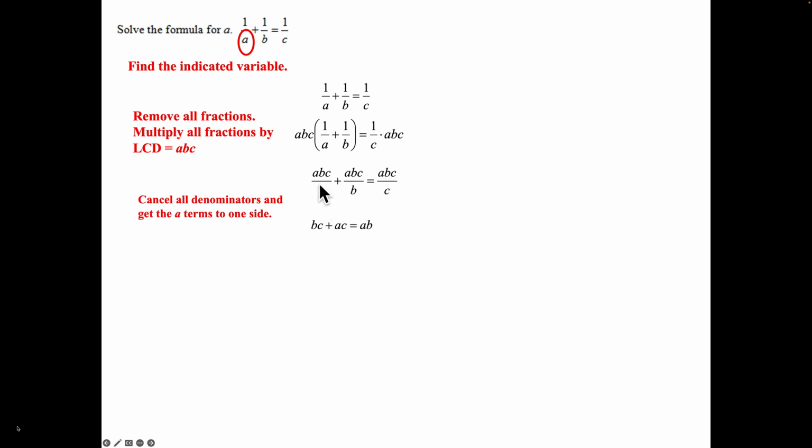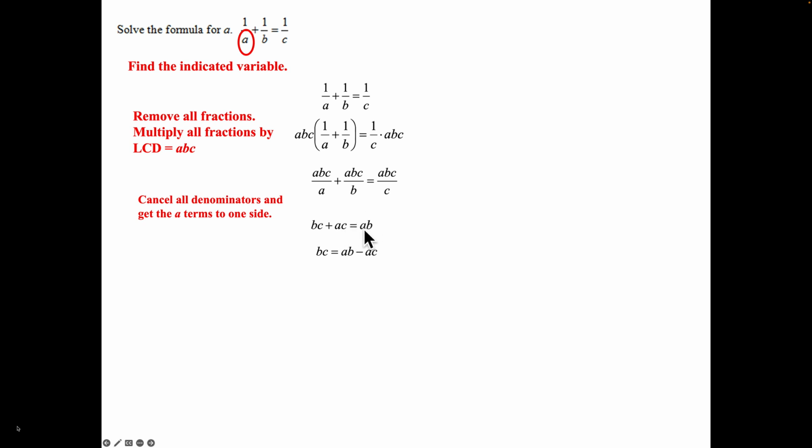Now you can cancel the a's. That leaves me BC. Cancel the b, leaves me AC. Cancel the c, leaves me AB on the right side. What happened here is I went from one variable a to two a's in my equation. So just like we saw in the last problem, we need to group the two a terms together.